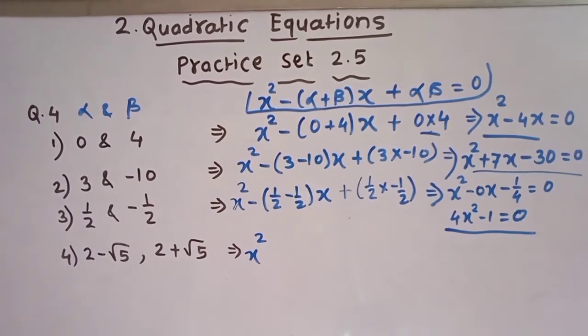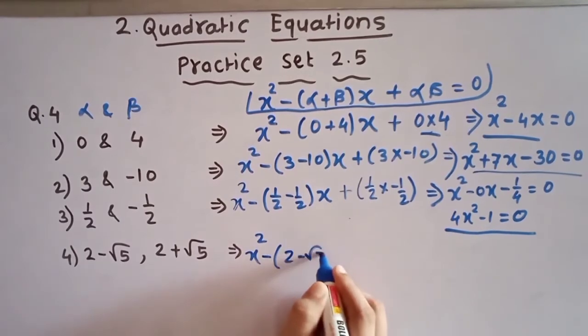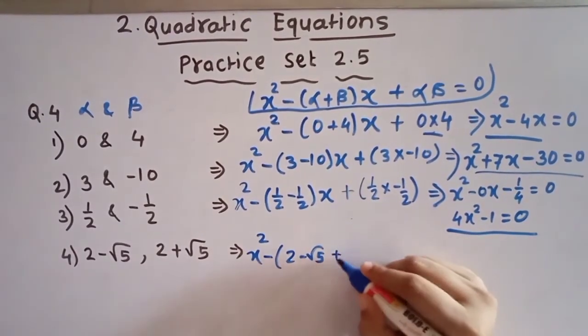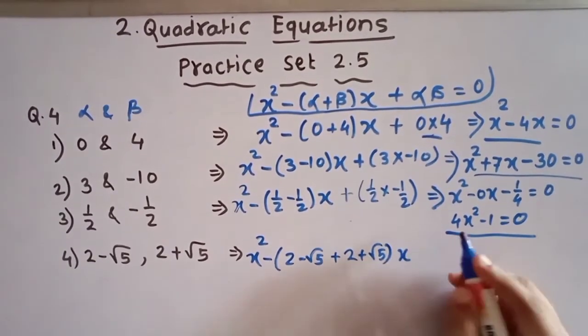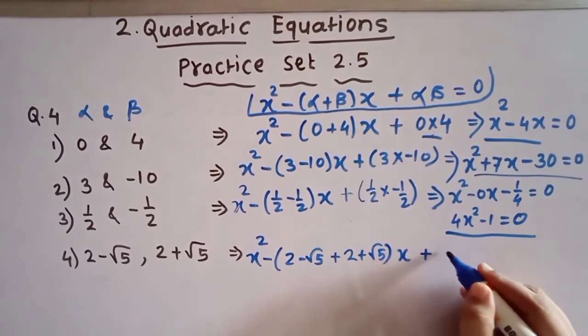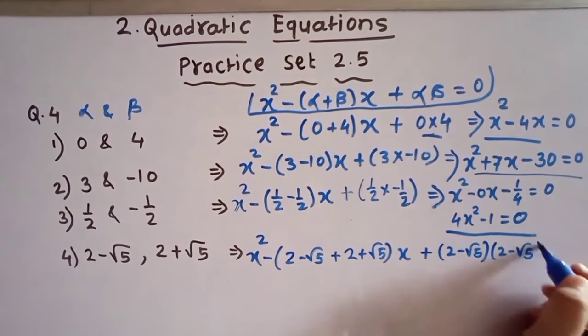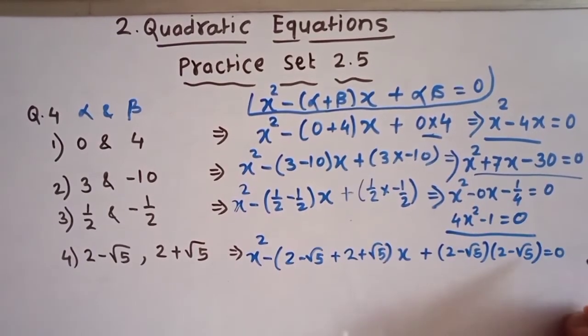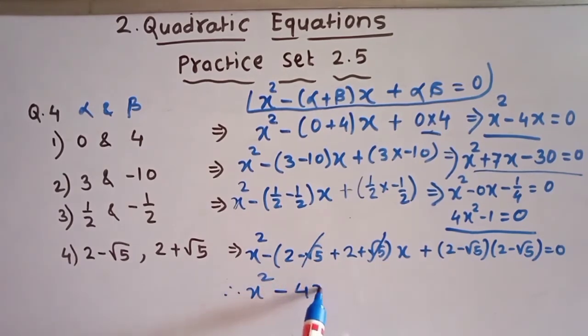So x square minus (2 minus root 5 plus 2 plus root 5) times x plus alpha into beta, meaning (2 minus root 5) into (2 plus root 5), is equal to 0. Yes or no? So the root 5 terms get cancelled out, so 2 plus 2 is 4, minus 4x.